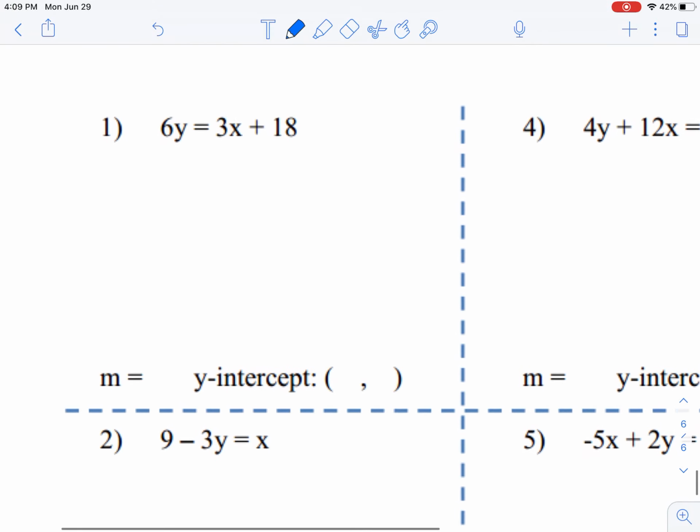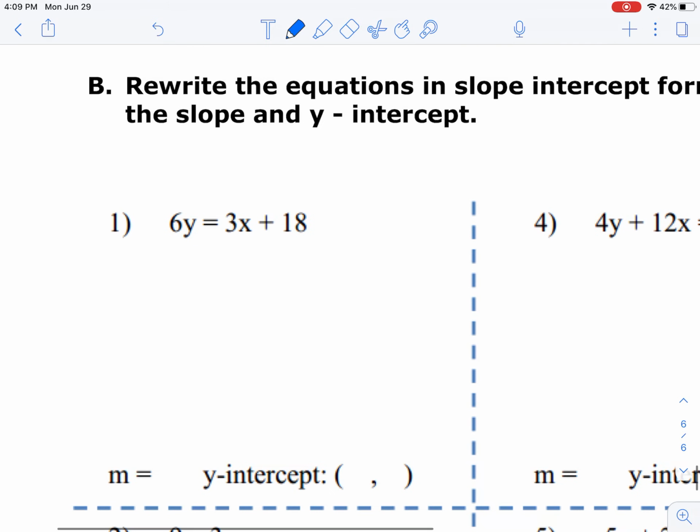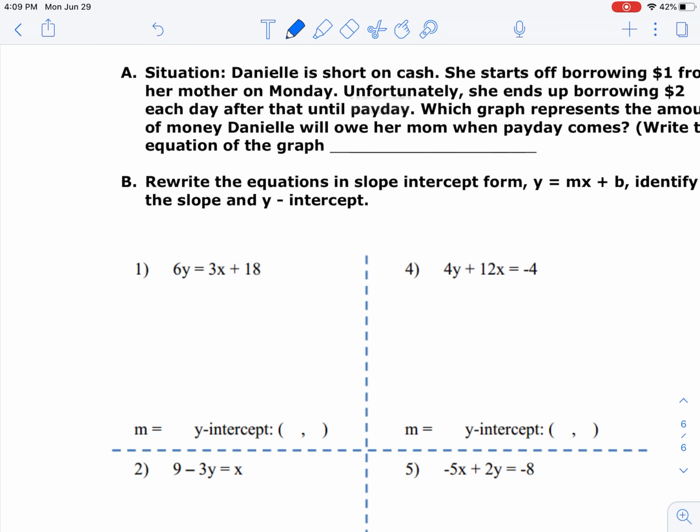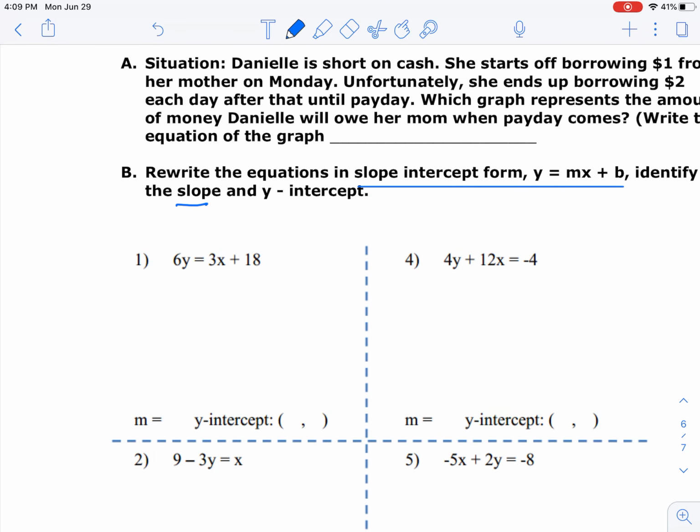All right, so in this example, we need to rewrite the equation in slope-intercept form, which is your y equals mx plus b. Identify the slope and the y-intercept. All right, easy enough. So here we need to get y by itself.